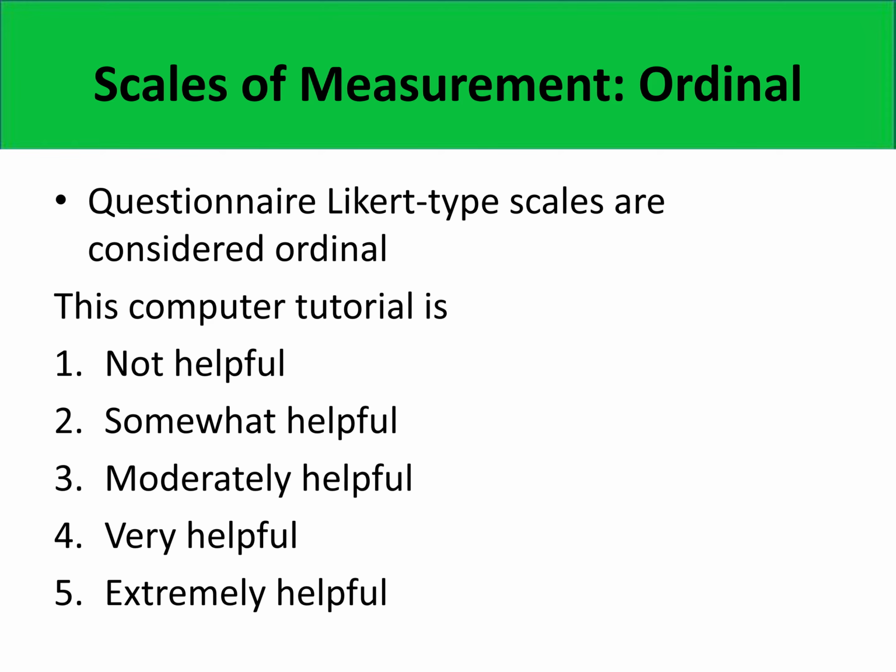Questionnaire Likert type scales are considered ordinal. For example, this computer tutorial is not helpful, somewhat helpful, moderately helpful, very helpful, extremely helpful. Observe that in the choices, rankings are existent between them.